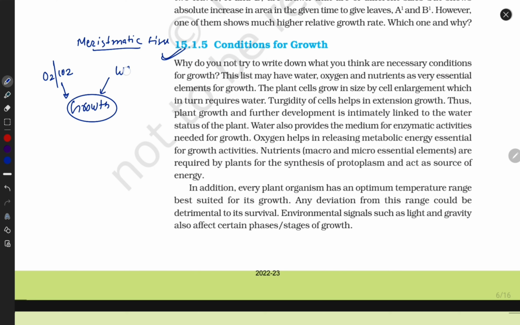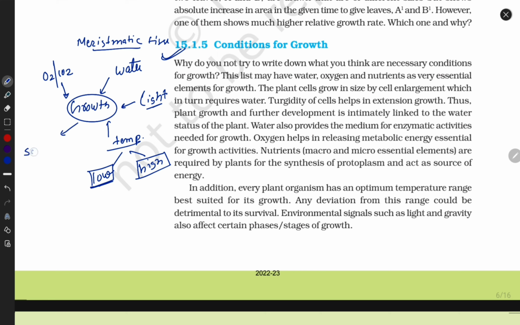They need proper water level. They need, listen to me guys, very specific. They need some light. They need temperature. Some plants require low temperature, some plants require high temperature. Some plants flower at low temperature and some plants show flowering at high temperature.